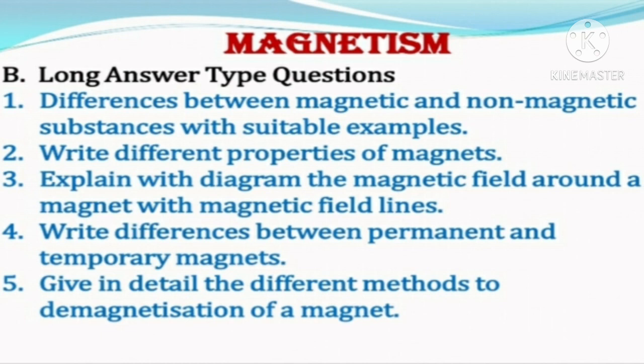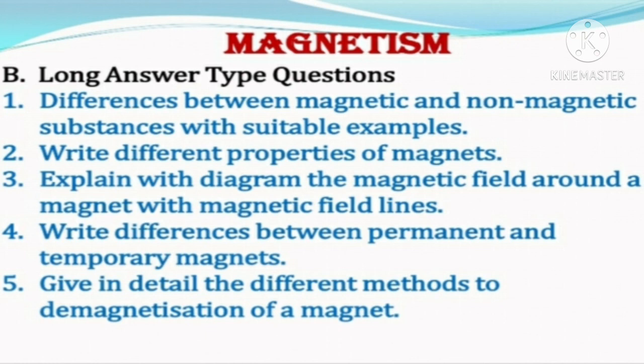Question number 4. Write differences between permanent and temporary magnets. Answer: a permanent magnet has magnetic properties even if the external field is zero. Temporary magnets have magnetic properties only in the presence of an external magnetic field.